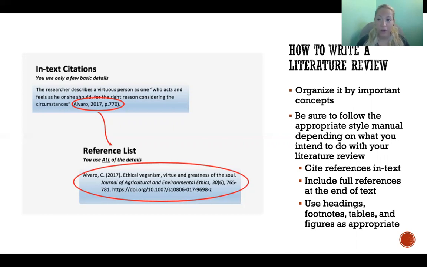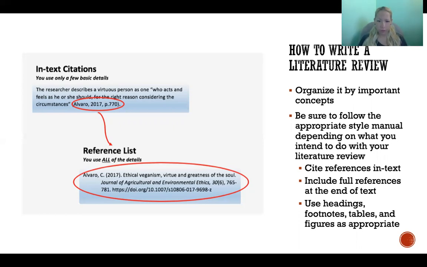And then at the very end of your paper, after all of your writing, you should have a list of references that would contain all of the information for every source that you cited. All of the papers that you are drawing information from need to be listed in the reference list.